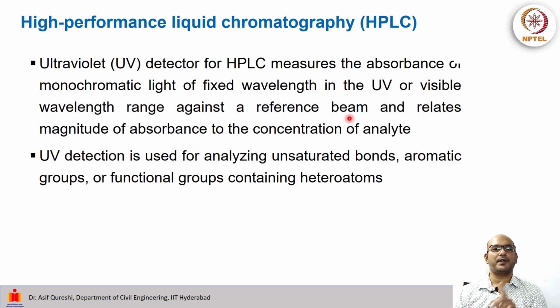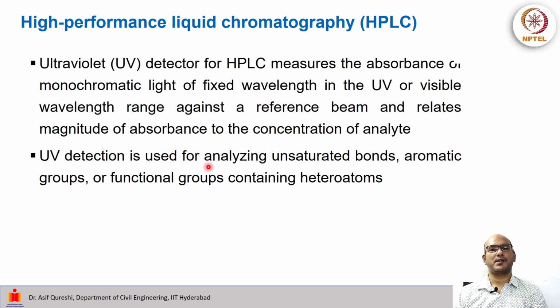And then we can compare the absorbance in the UV or visible range and the reference beam, and calculate how much absorbance has happened, and then relate it to the concentration of the analyte. So if we have more analyte, we should have more absorbance in the said wavelength range. So we should know, of course, the wavelength range at which the analyte will absorb radiation.